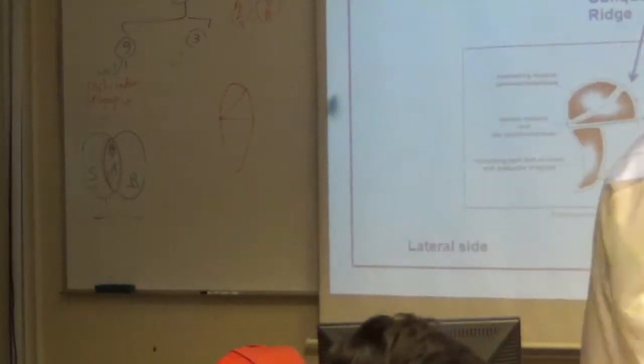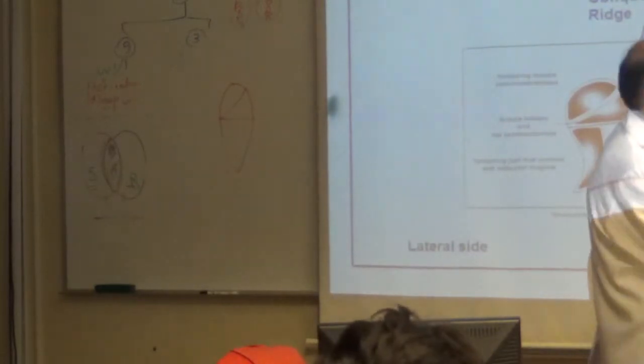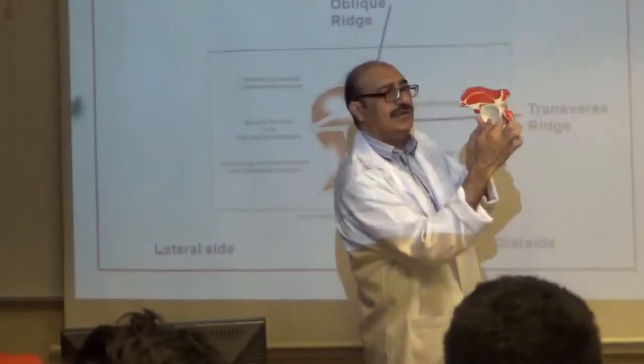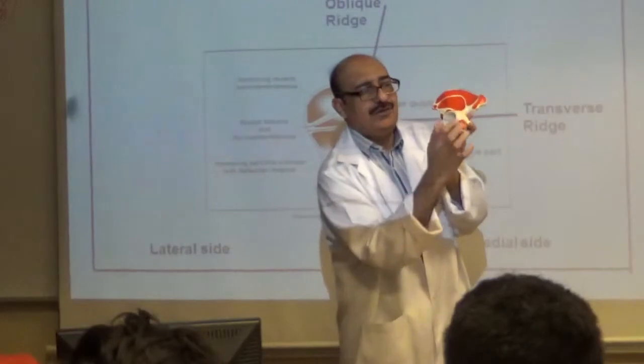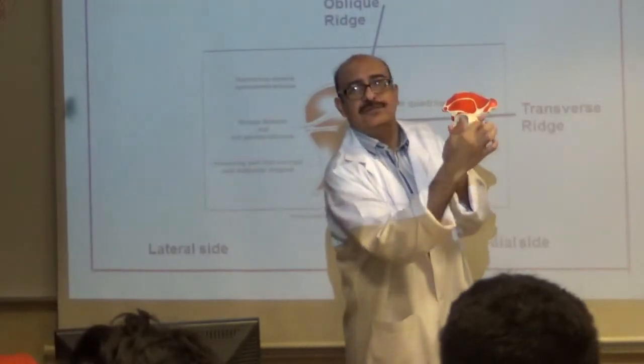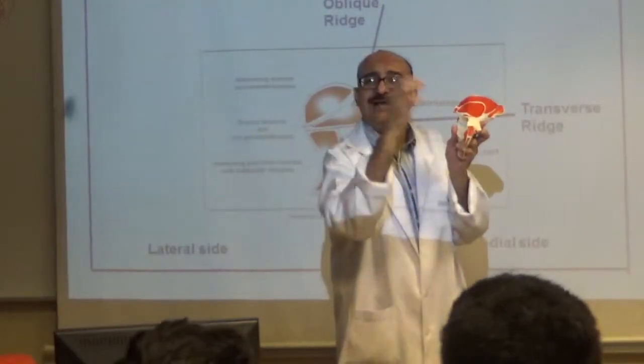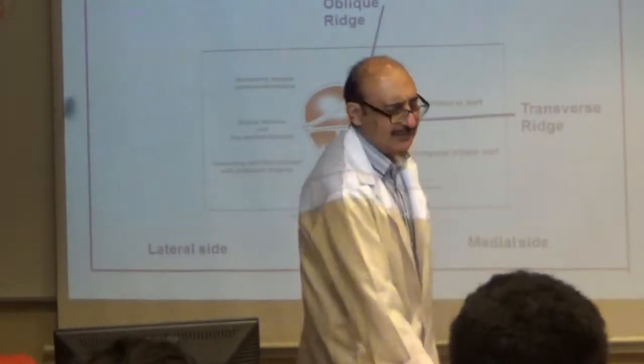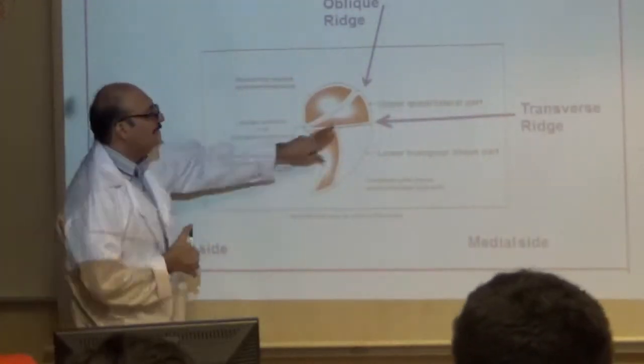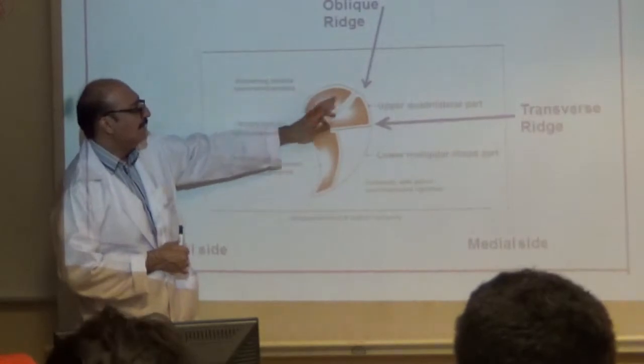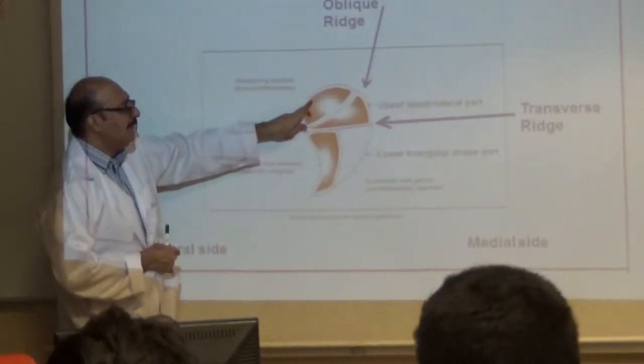Why am I teaching these small things? Because when you see the ischial tuberosity on printed bones, you will find a lot of red areas. These are the attachments of muscles, origins of muscles. Which muscles? In this upper part, hamstring and semimembranosus.